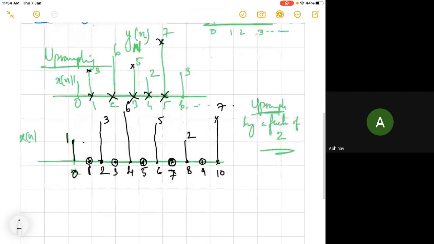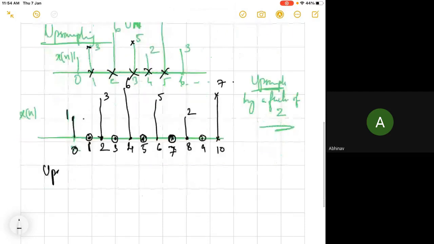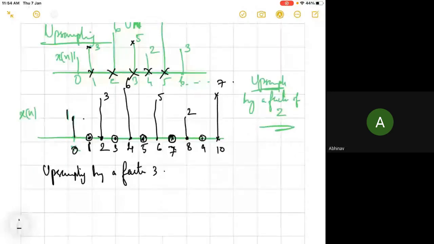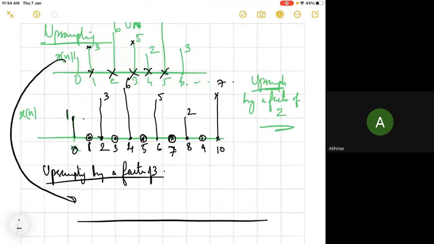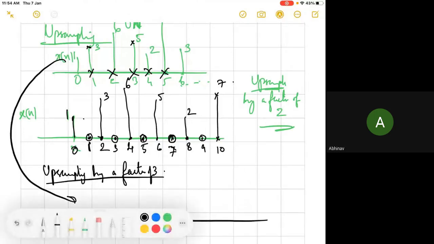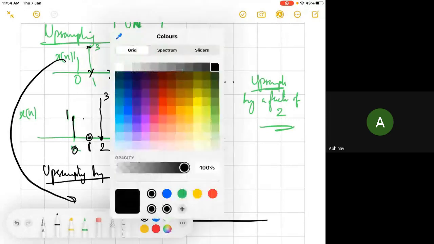Now if upsampling is done by a factor of 3 for the same signal, what you do is you write the signal. At 0 you have the value 1.